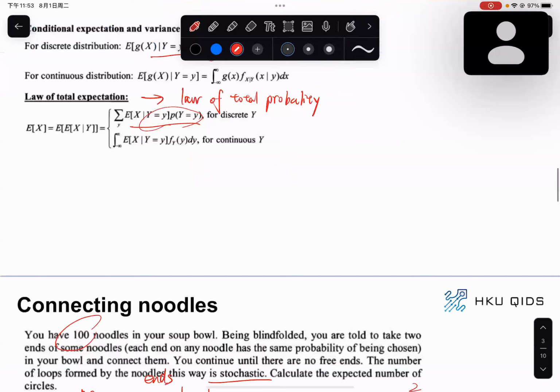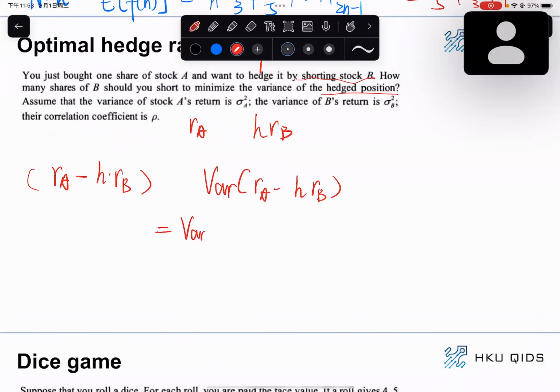This is going to be sigma A squared plus H squared sigma B squared minus 2H covariance of RA and RB.